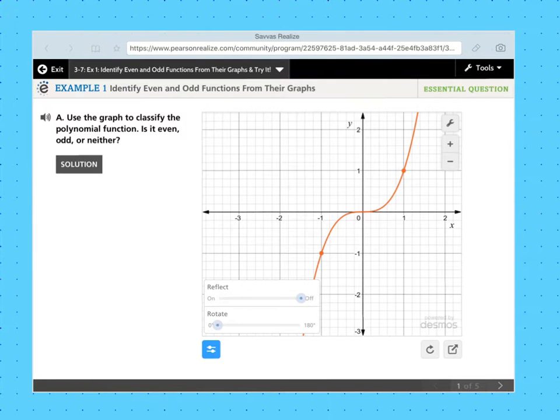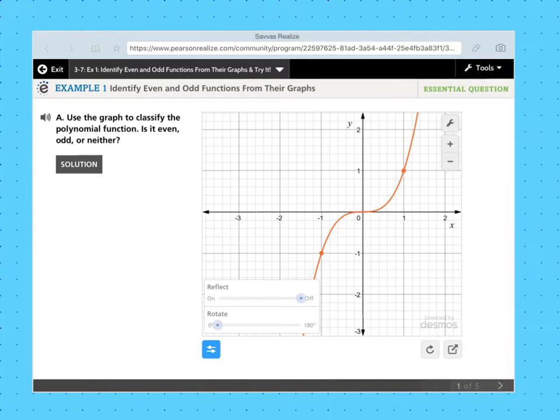Here's an interesting example. It says, use the graph to classify the polynomial function. Is it even, odd, or neither? Now, from the look of it, compared to the concept page we just looked at, you can pretty much know that it's already an odd function, right? However, we still have to prove it. So let's see.